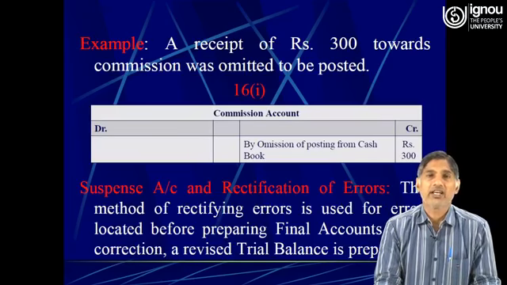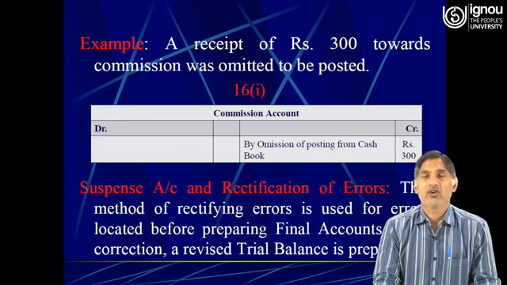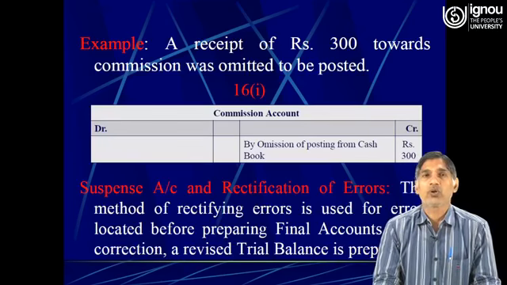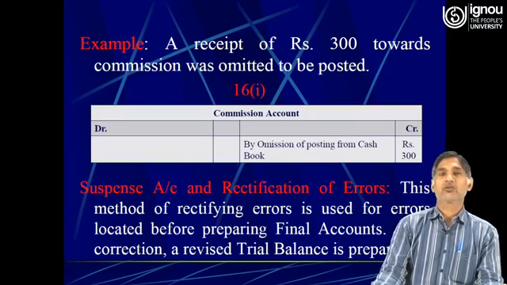Well friends, as I have already discussed, one-sided errors are rectified either by putting a line on the wrong figure and writing the correct figure above or below the wrong figure, or one-sided errors can also be rectified by making an appropriate journal entry with the help of the suspense account.